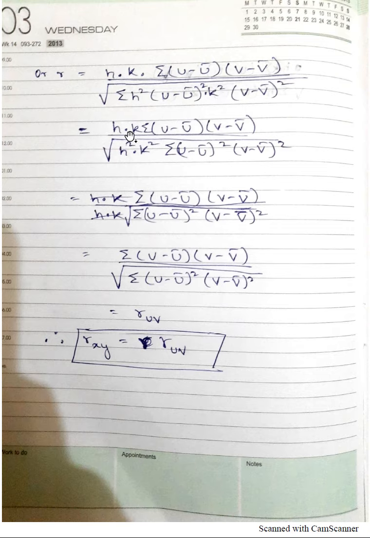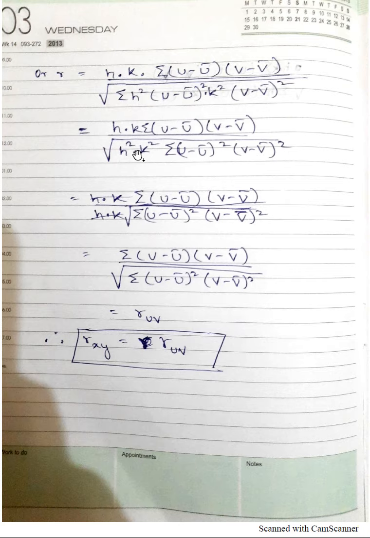It will be equal to h into k summation u minus u bar into v minus v bar divided by under root h square into k square into summation u minus u bar whole square into, again I forgot to write a summation here, you will have to write the summation in everything, summation v minus v bar whole square.